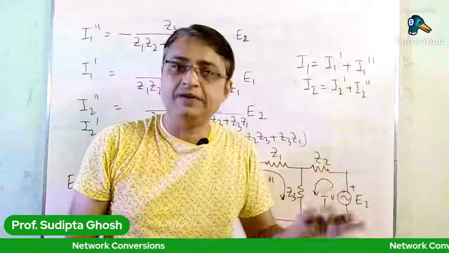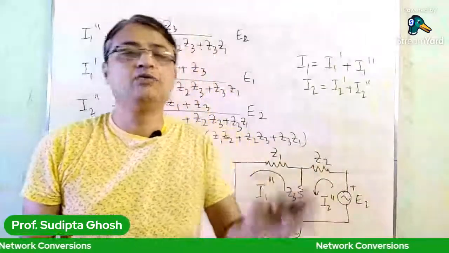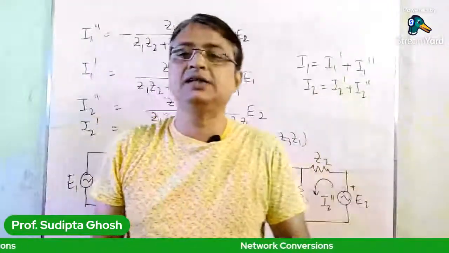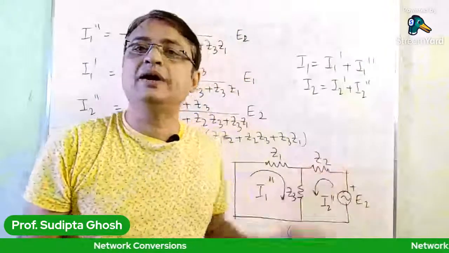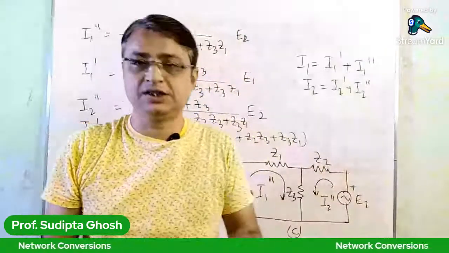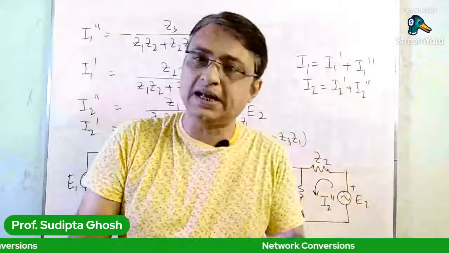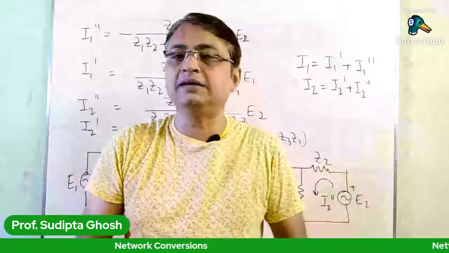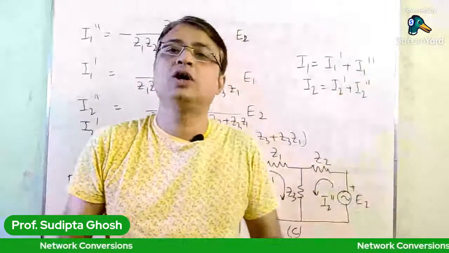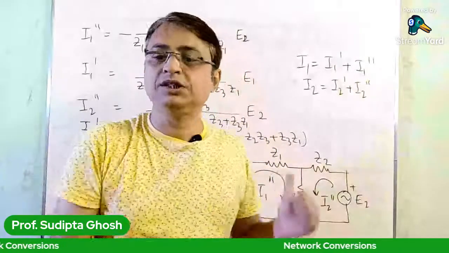So if any circuit uses a non-linear device or a non-linear element, we cannot apply this theorem. In a circuit with a PN junction diode, a semiconductor device, we cannot apply the superposition theorem.